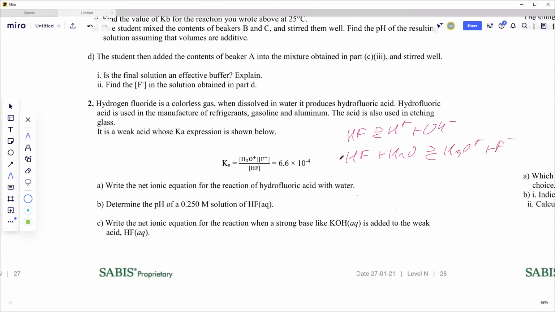Since HF is giving its H+, and there's only one other reactant, it's the only one that receives it. So it's going to be H3O+ and F-. So we're done with the net ionic equation. If you want to write the states, fancy: this is liquid, this is aqueous.